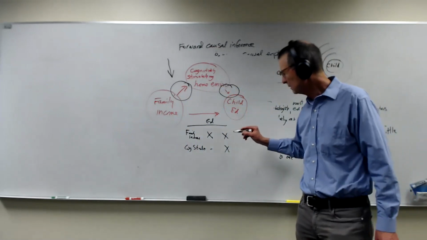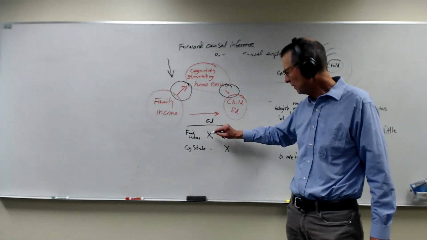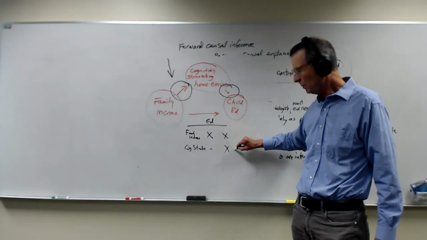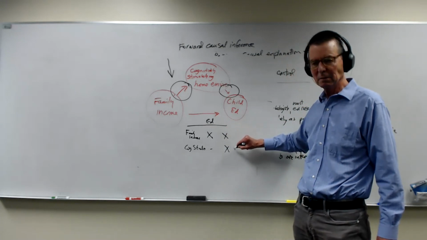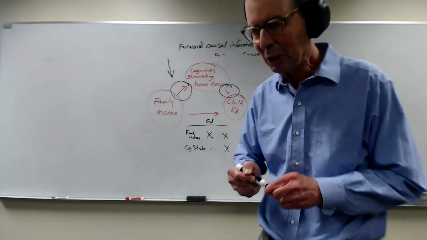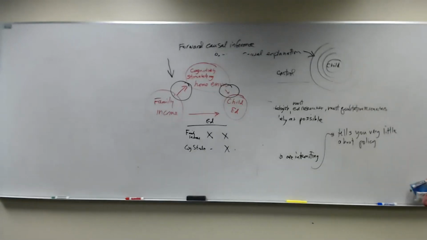Then you can see by how much the coefficient on family income, its effect on education, falls when you add in cognitive stimulation. That's an indication of potential mediation. But that's the only way you're going to see a stepwise approach taken in a forward causal inference study.